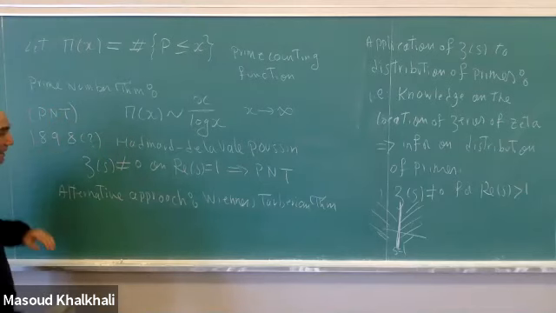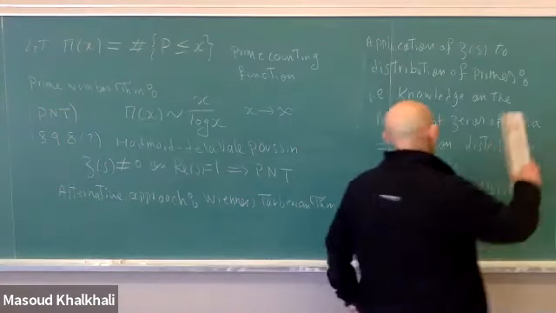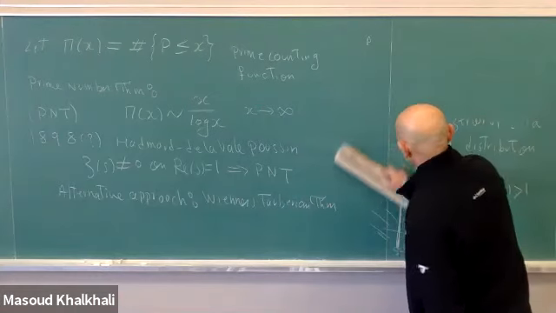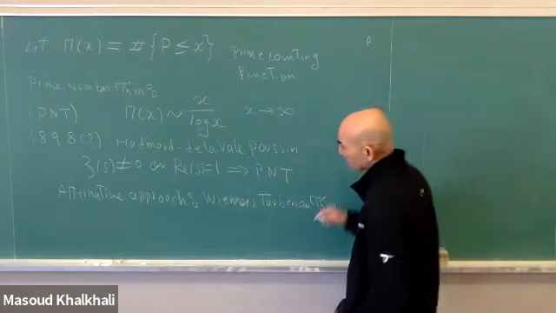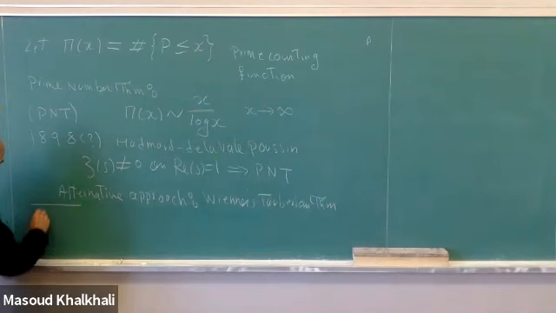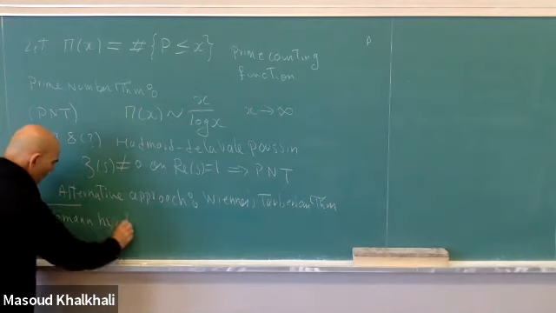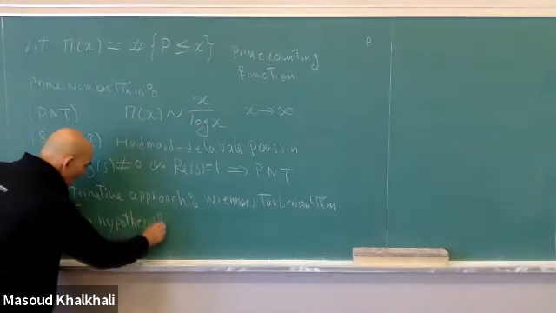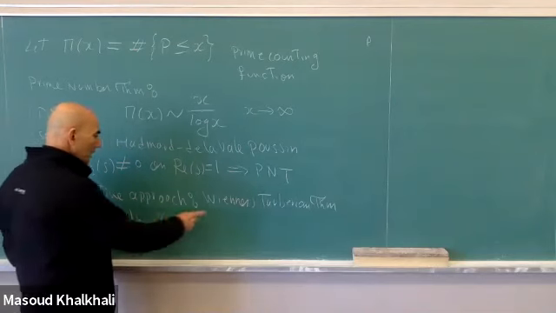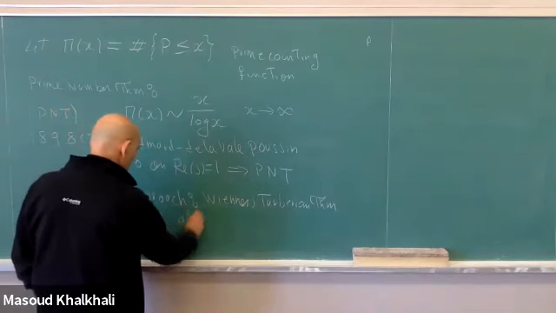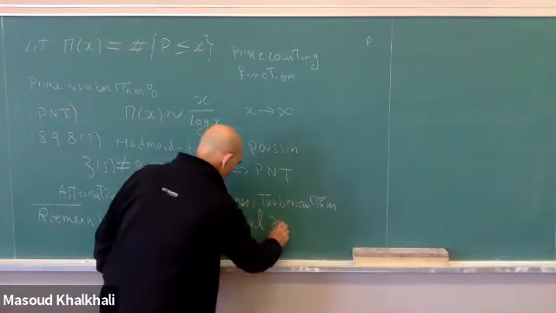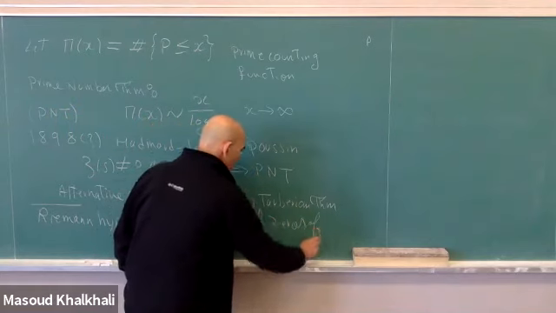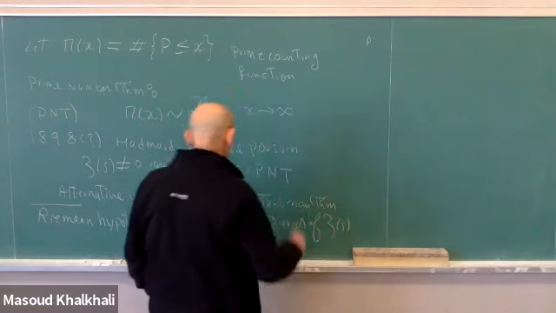Well, the next step was even more dramatic, and that's what Riemann actually did. So the Riemann hypothesis, of course, is that all non-trivial zeros of zeta of s are on the critical line.